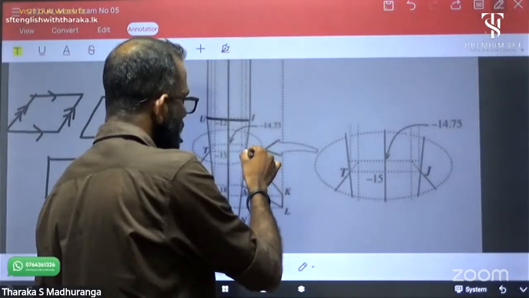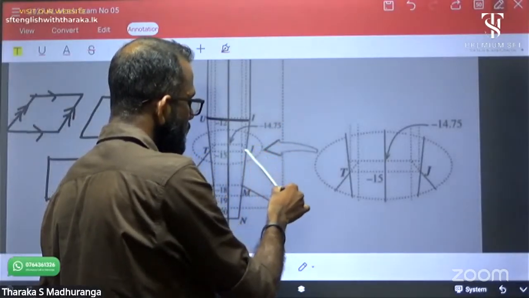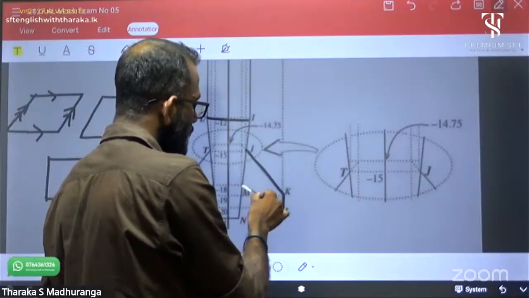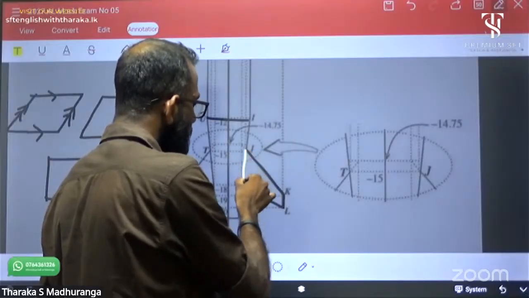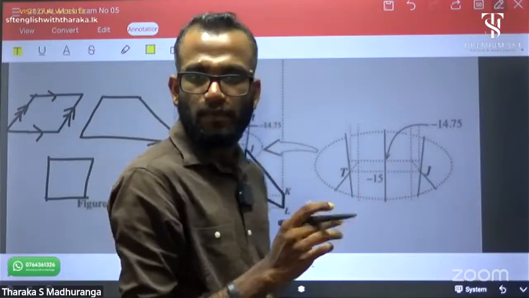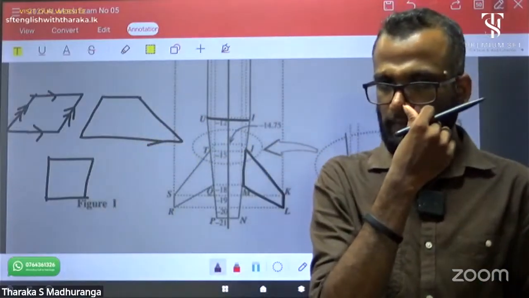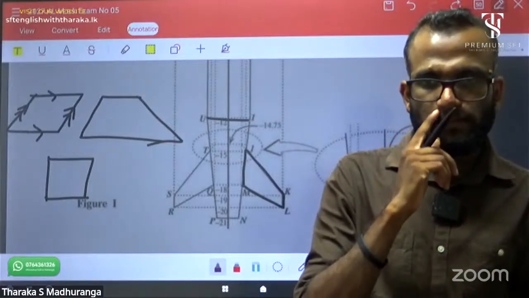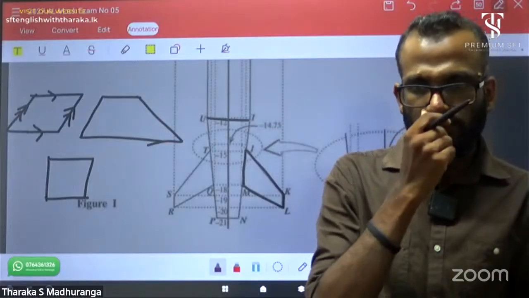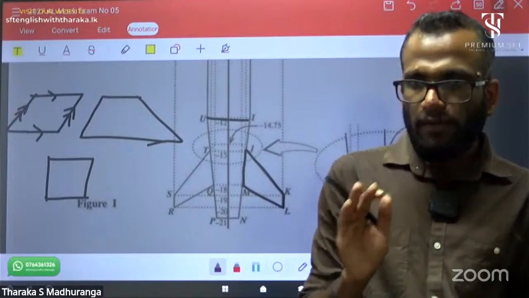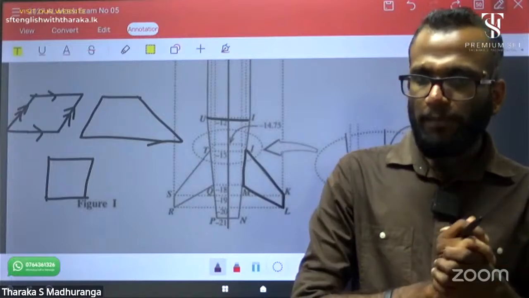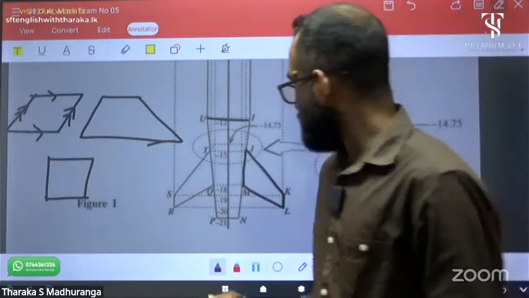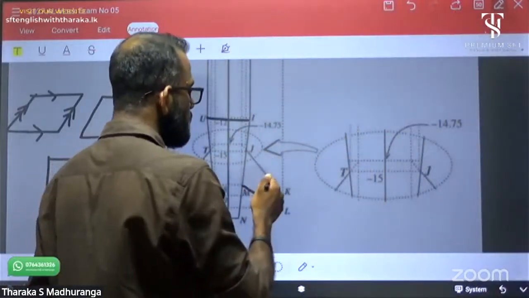This is J, K, L, M. Is it a trapezium or not? No, JKLM is not a trapezium.